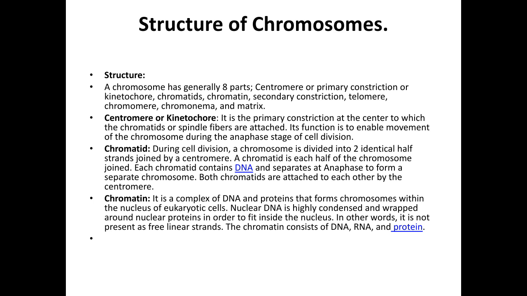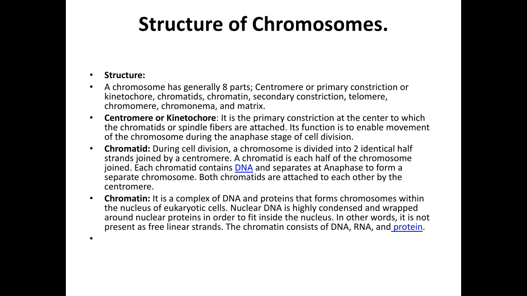Centromere. It is the primary constriction at the center to which the chromatids or spindle fibers are attached. Its function is to enable movement of the chromosome during the anaphase stage of cell division.